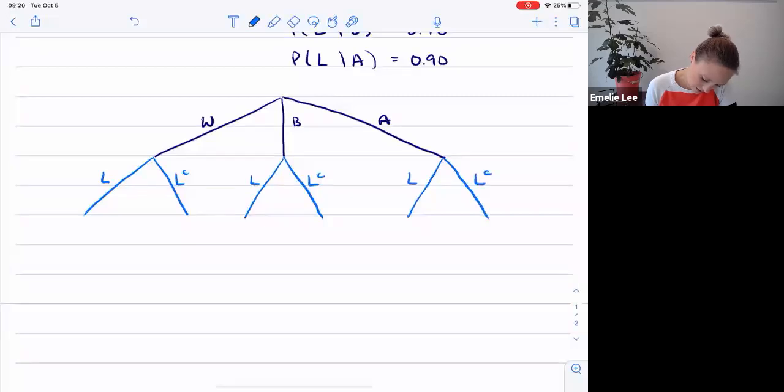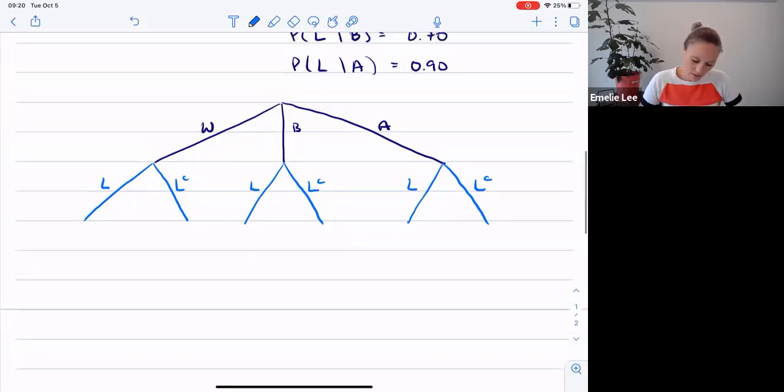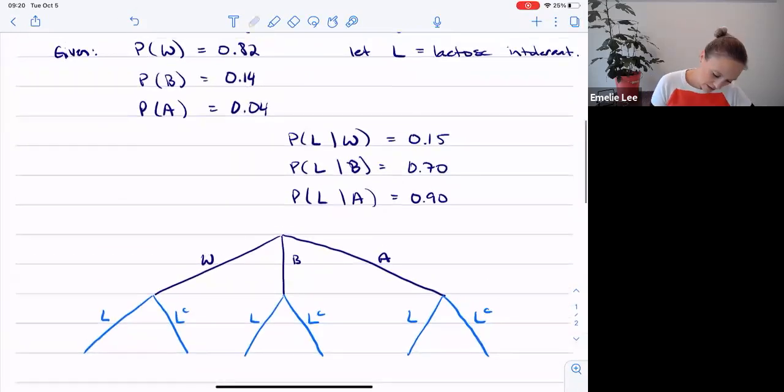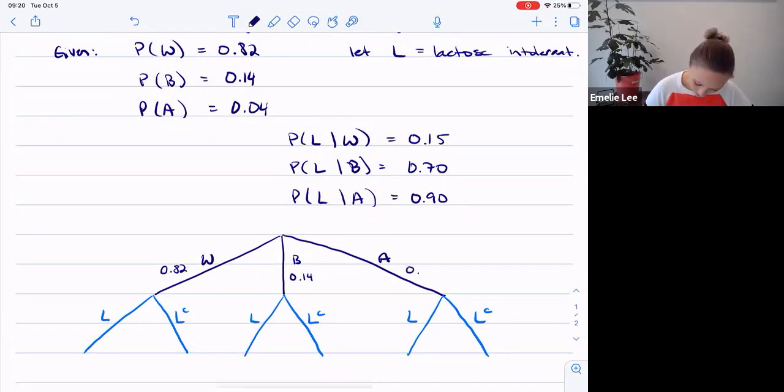On each of these branches, I can now attach a probability. There is a 0.82 probability of heading down that white branch. There's a 0.14 probability of heading down that Black branch, and a 0.04 probability of heading down the Asian branch.